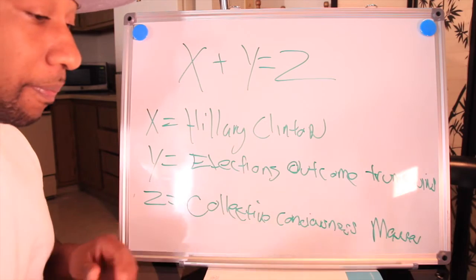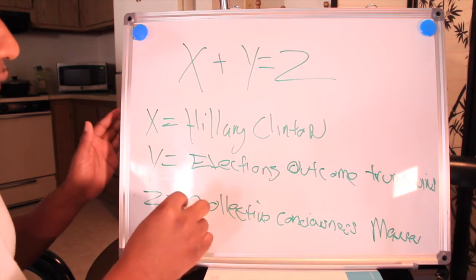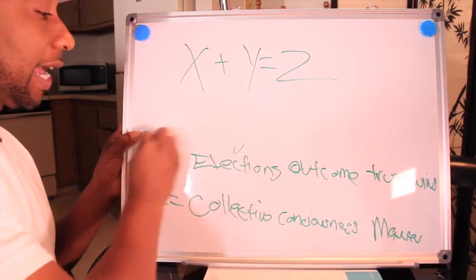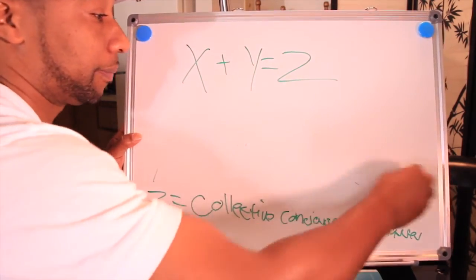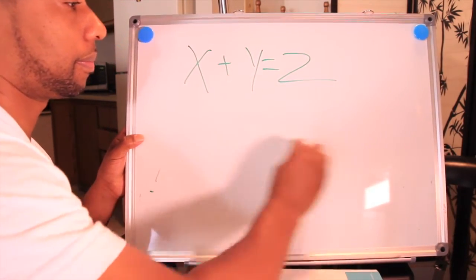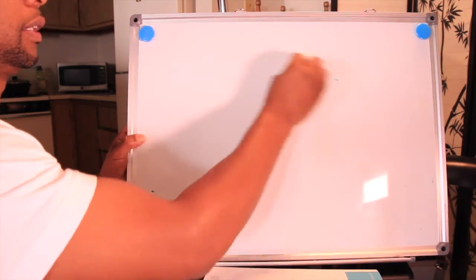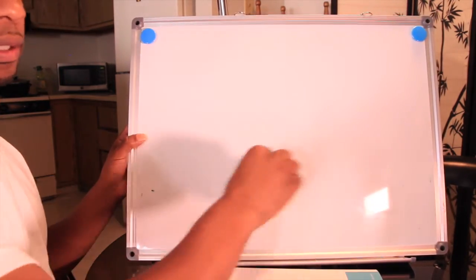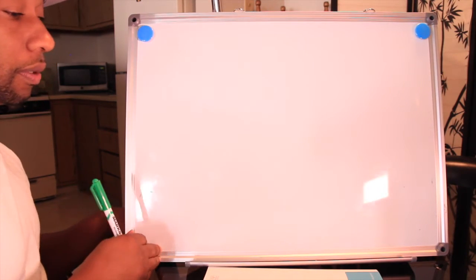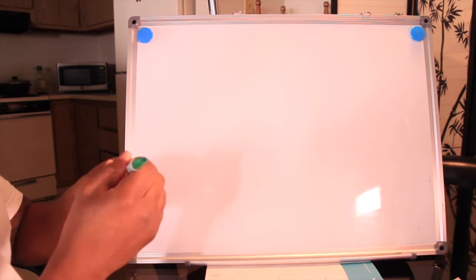Now, watch this. Just like how we have X plus Y equals Z, and before we had A plus B equals C, those are kind of like common denominators.